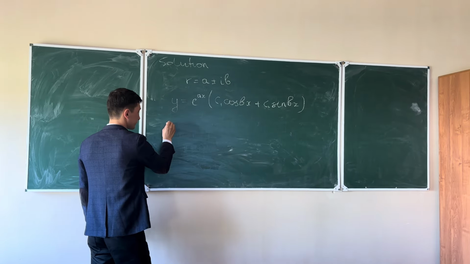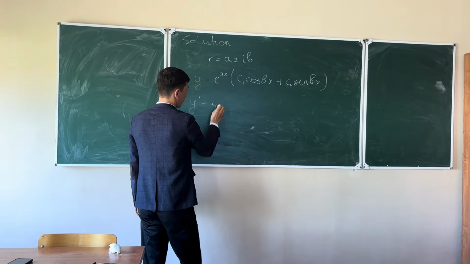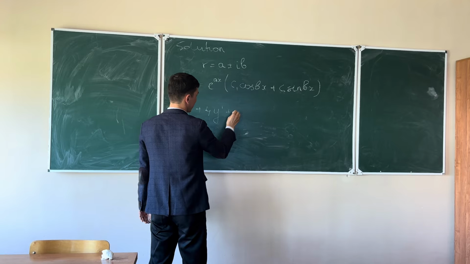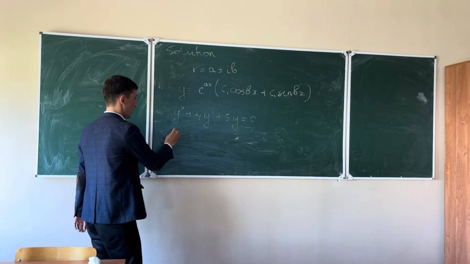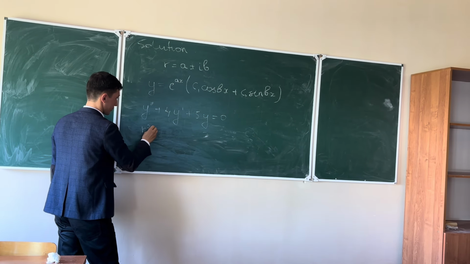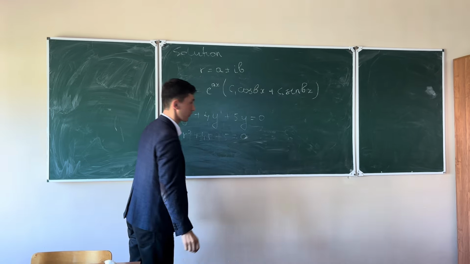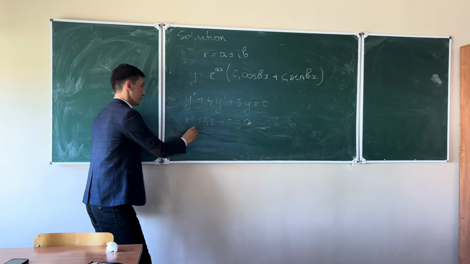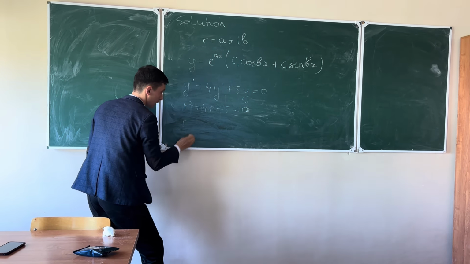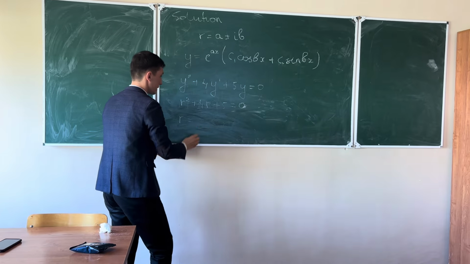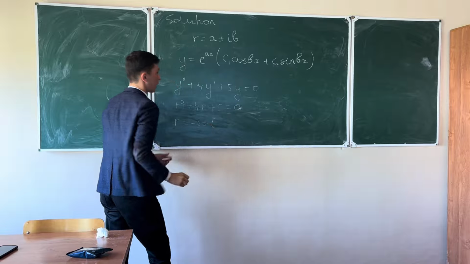For example, y double prime plus 4y prime plus 5y is equal to 0. And we have the characteristic equation r squared plus 4r plus 5 is equal to 0. And we get the complex characteristic roots, which is r is equal to minus 2 plus or minus i.